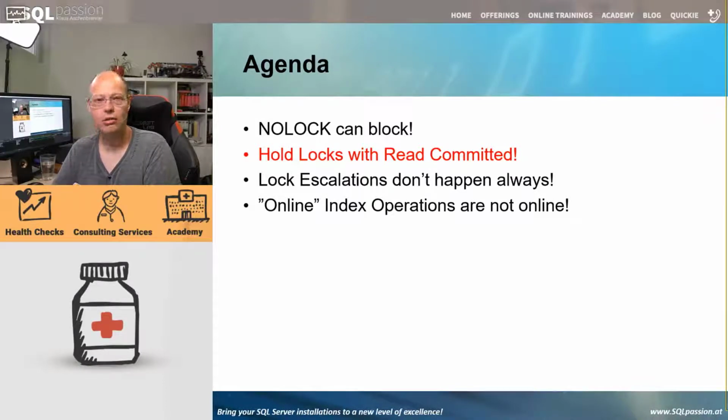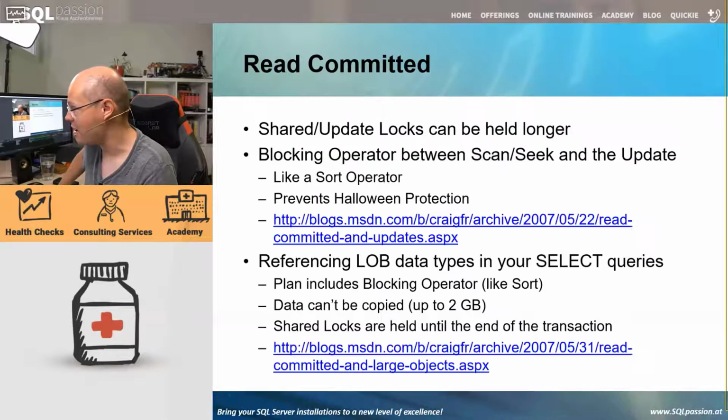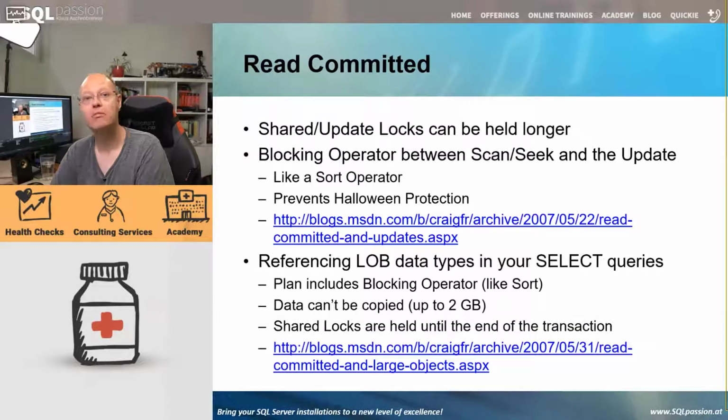And now I want to show you a concrete example where even SQL Server can hold shared locks in the default isolation level of read committed till the end of your transaction. That means in that case, SQL Server behaves the same as in the isolation level repeatable read. Just think about it.